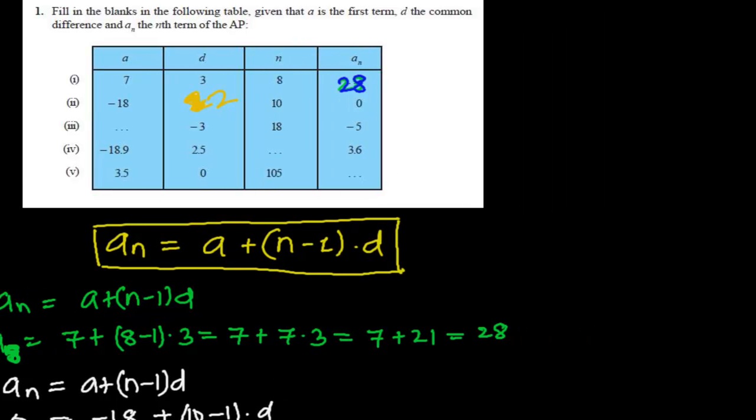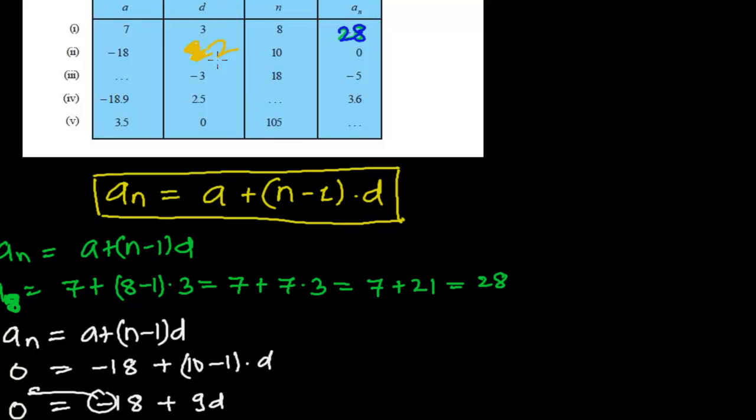In the third problem, we don't know the value of A. We know D, n, and the nth term.